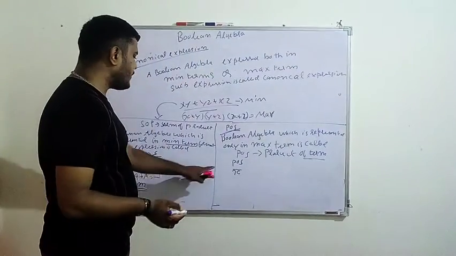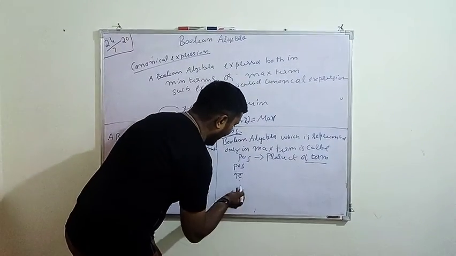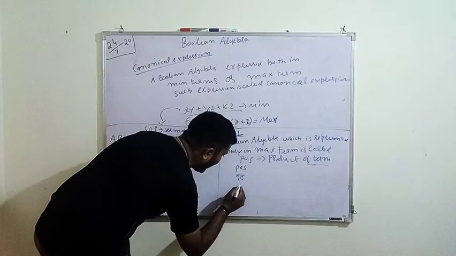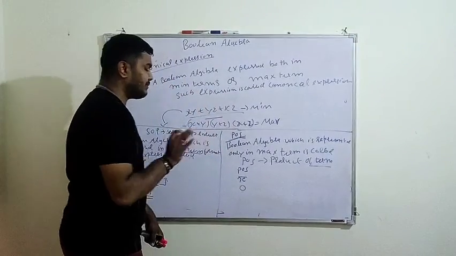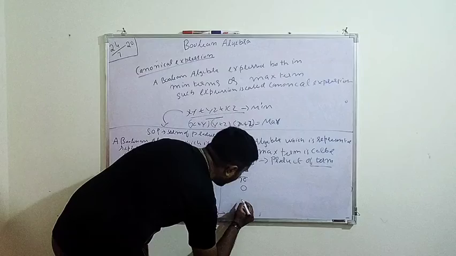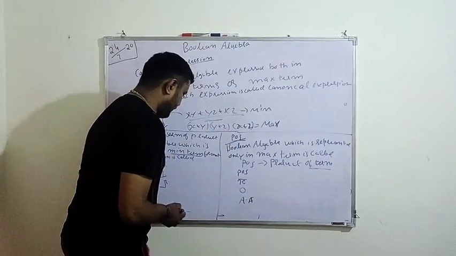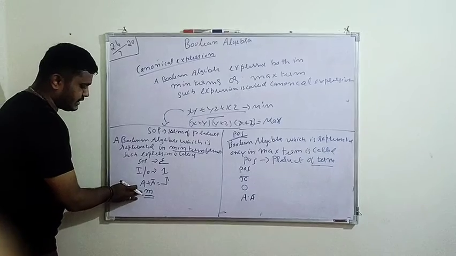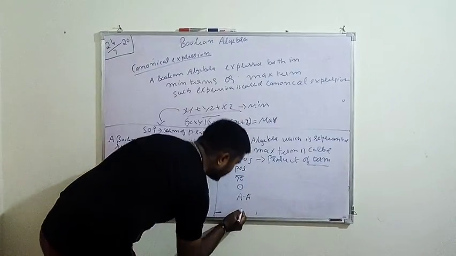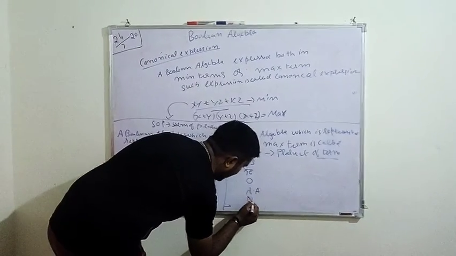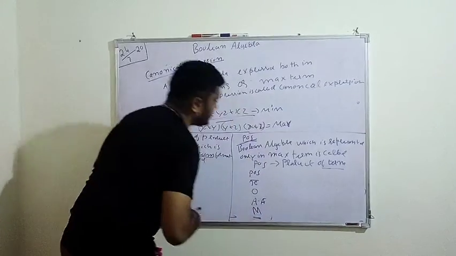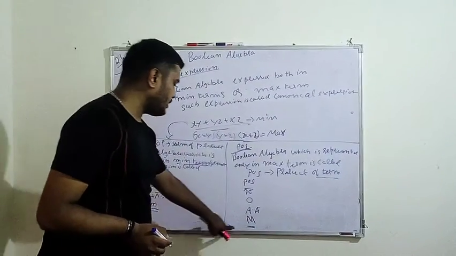A POS is always represented in the format of pi, and here the input value will always be 0. We are going to neglect A into A bar. When we write a SOP it is written in small m, but when we write a POS it is written in capital M.